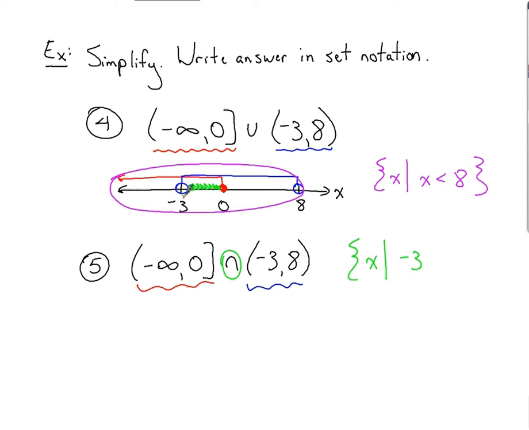It's just going to be less than because it's not included at negative 3. So less than x. And I'm going up to 0, so this is going to be less than or equal to 0. Which one is it? Less than or equal to 0. And there you go. There's the intersection.